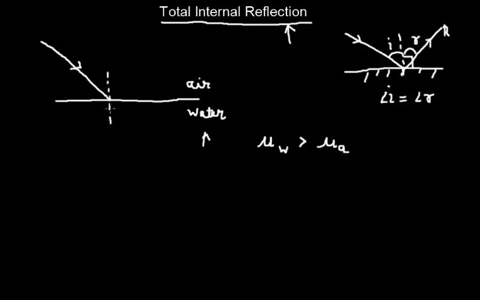In this case, the light ray is entering from a rarer medium to a denser medium because water is denser as compared to air. If light enters from a rarer medium to a denser medium, it bends towards the normal. Suppose this is angle I, the angle of incidence, this is angle R, the angle of refraction, this is the incident ray, and this is the refracted ray.